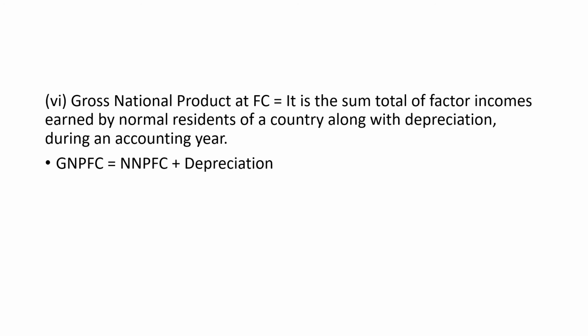Next, gross national product at factor cost. It is the sum total of factor incomes earned by normal residents of a country along with depreciation during an accounting year. Since we have the element gross, just add depreciation to the net concept. So GNP at FC is equal to NNP at FC plus depreciation.